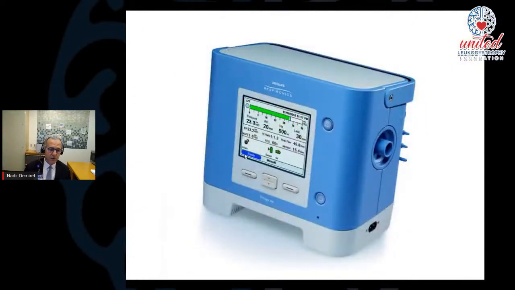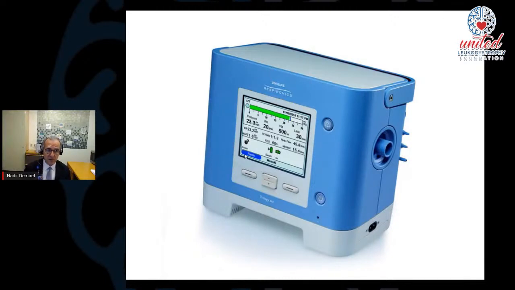And this is one of the more modern ventilators that we use. There are multiple benefits of these ventilators, and there's a new model that came to the market recently. The most important benefit, I think, is that they sense you starting a breath, then they give you pressure support.